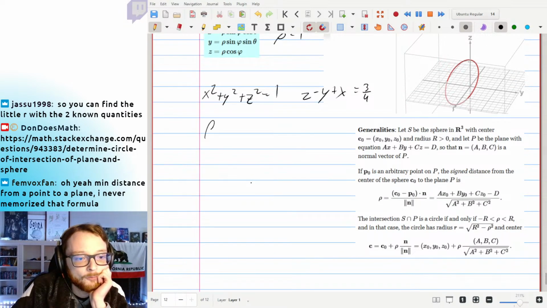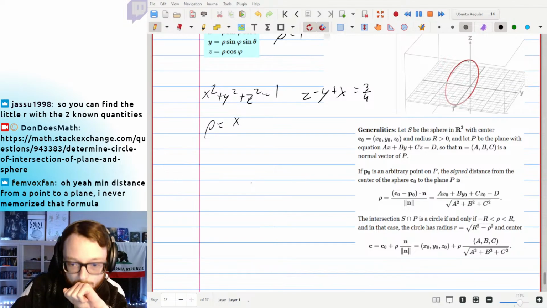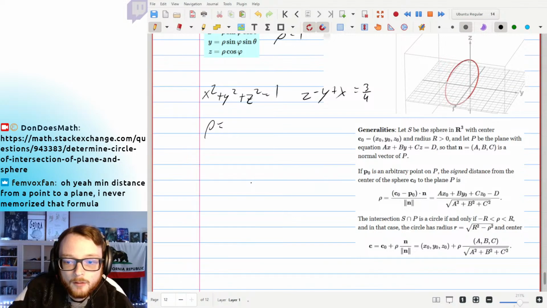So in our case, rho is the equation of the plane if you made it equal to 0. We take the equation of the plane and we plug in the coordinates for the center of the sphere.